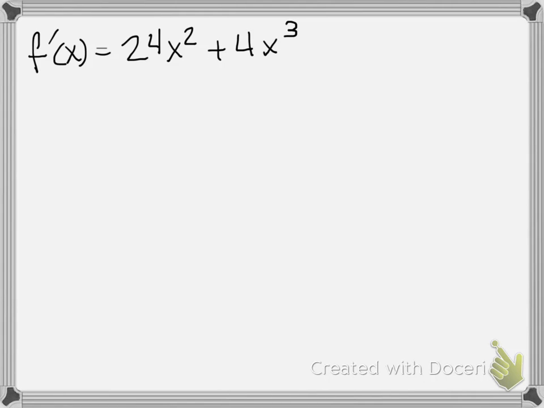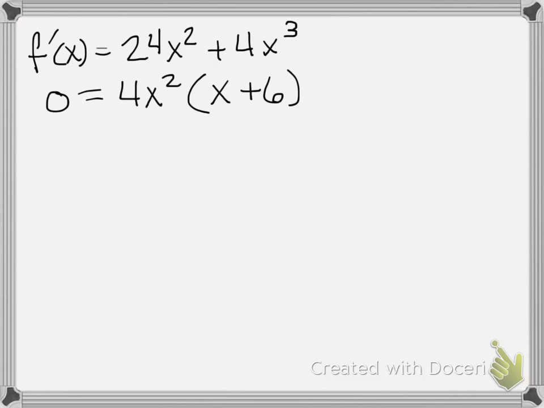Okay, so now that we have our first derivative, we need to set that equal to 0 to find the critical values, and those will be the points that we use to help determine whether we're increasing or decreasing. So from there we can factor out a 4x squared, and we're left with x plus 6.